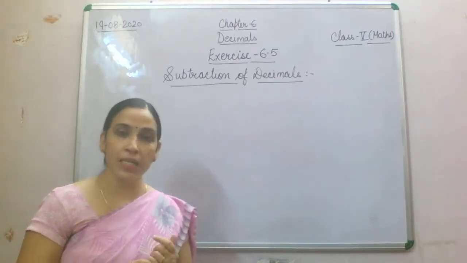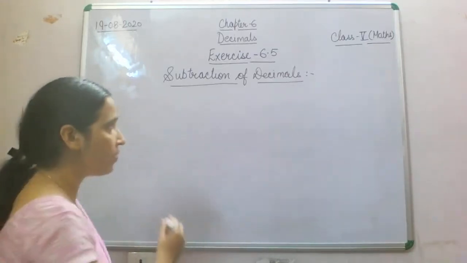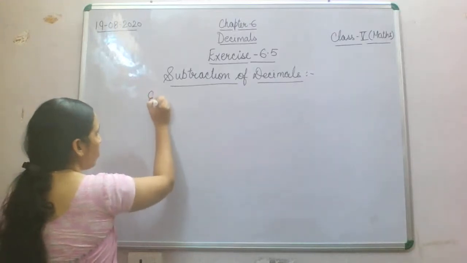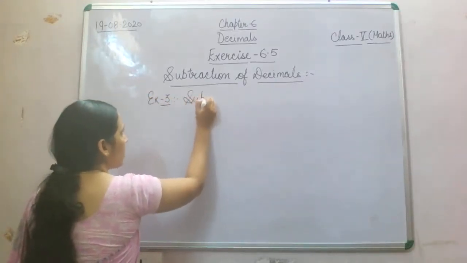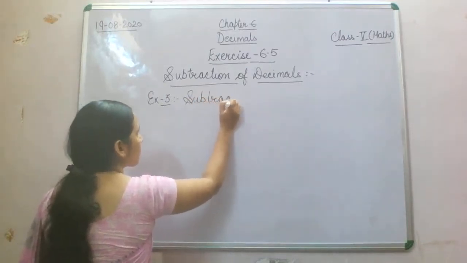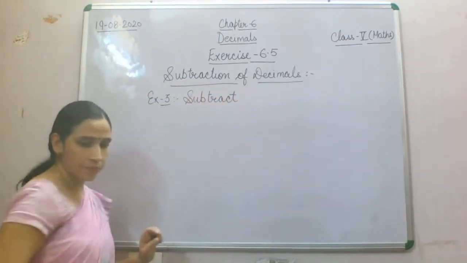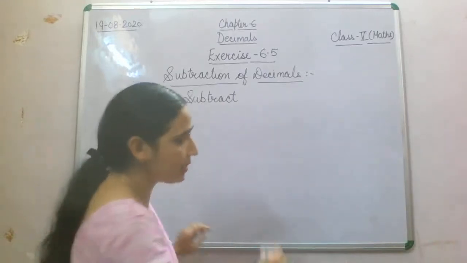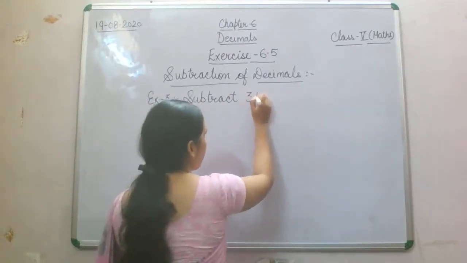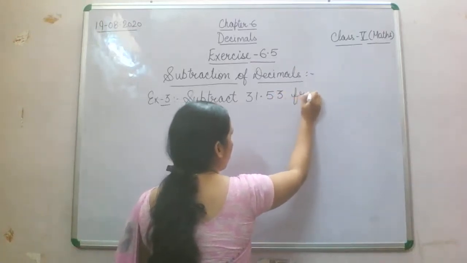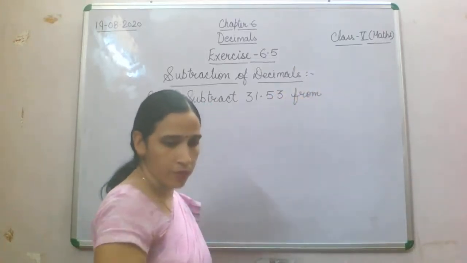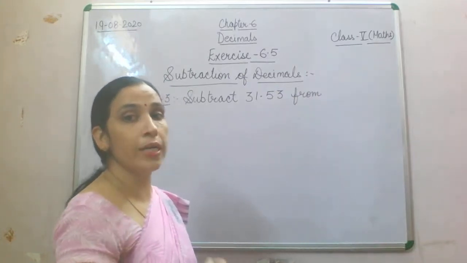So let's start. Our first example from your book, example 3, of subtraction. Subtract 31.53 from 46.89.